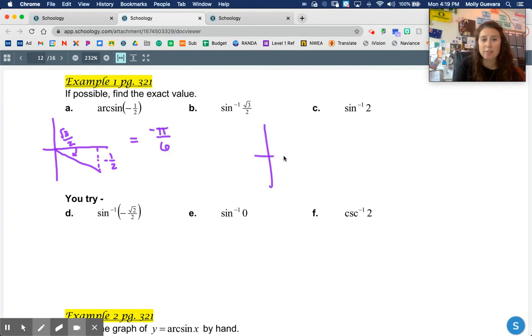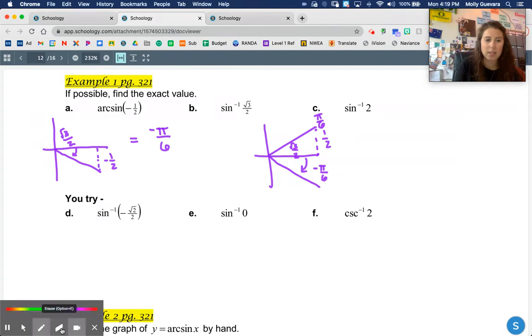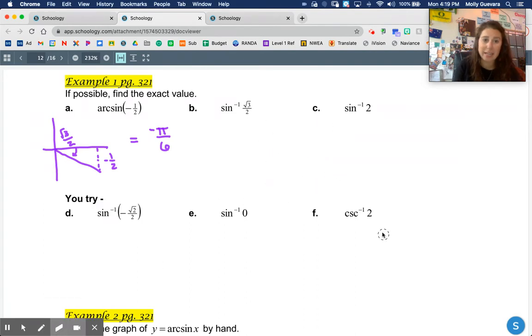Because positive pi over 6 is right here, where this is 1/2 and this is √3 over 2, and that's pi over 6. So if it's going down the negative direction, it would just be negative pi over 6. Okay, so the arc sine of negative 1/2 is negative pi over 6. That is the angle that gives you negative 1/2.